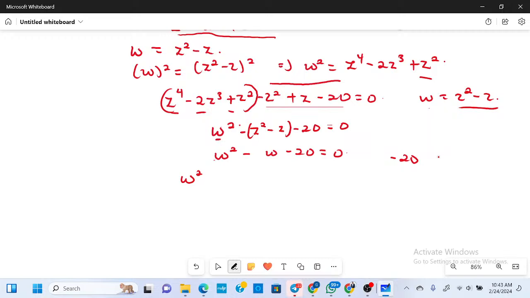So we can have negative 5 and positive 4, right? So I can represent this as, since I have negative 5 and positive 4 as my factors, W plus 5 multiplying W minus 4 is equal to 0, right?